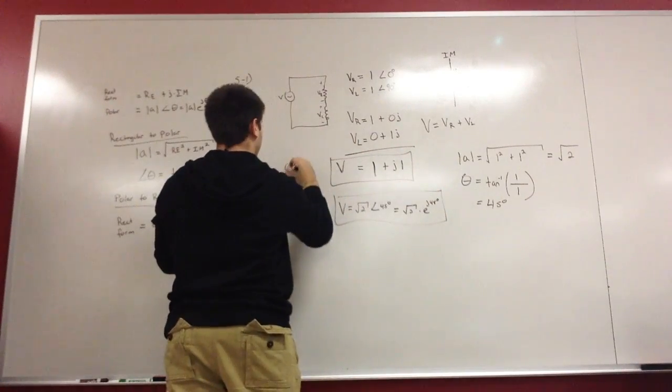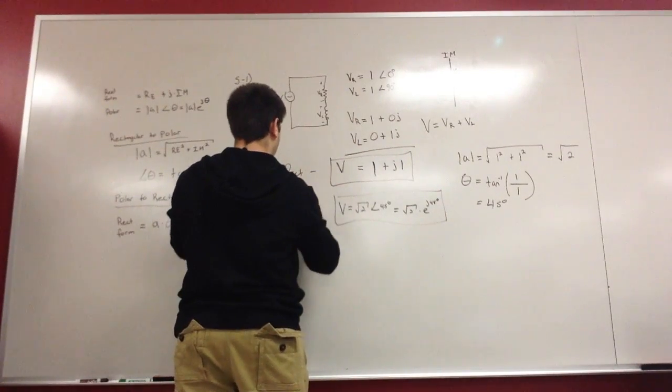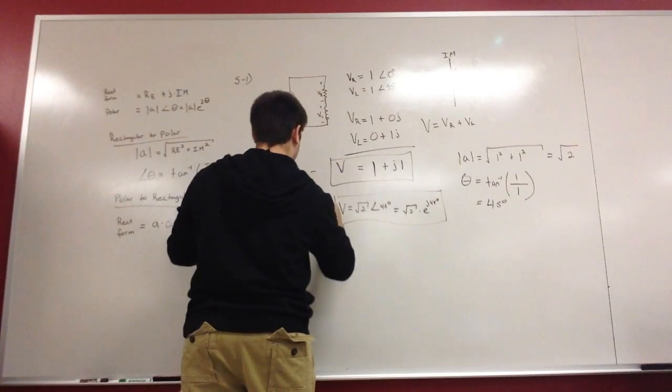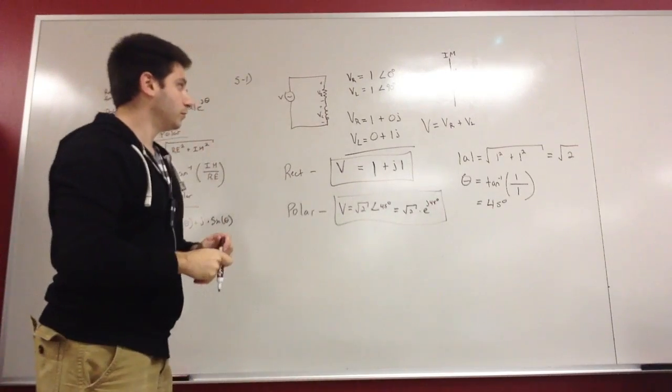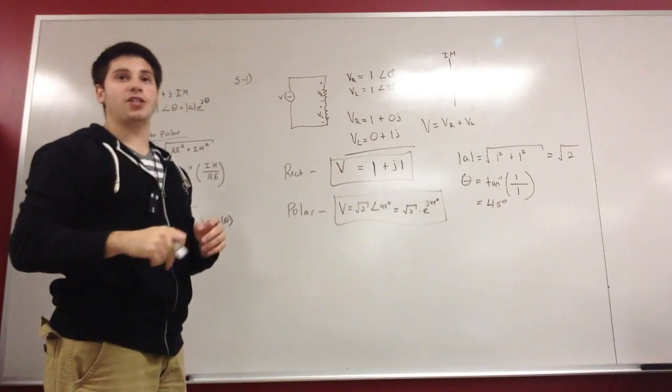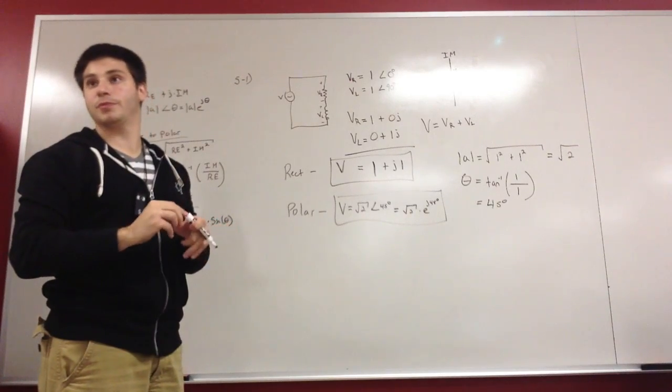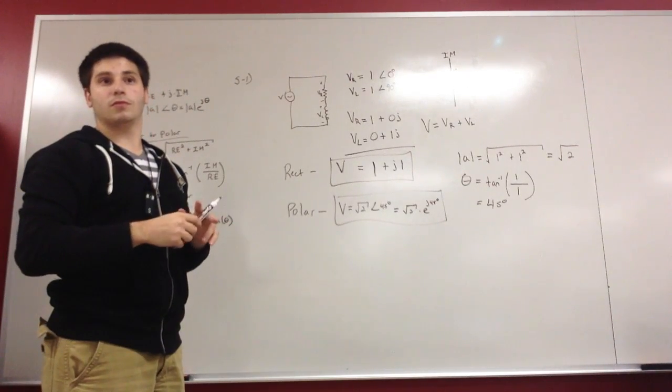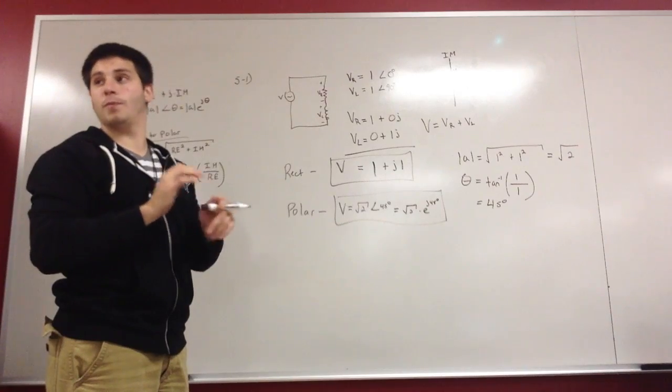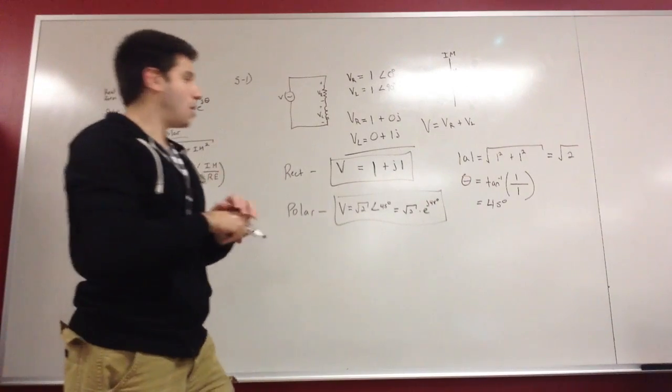So this is our rectangular form, and this is the polar form. Any questions for this problem? Pretty straightforward. Alright, cool.